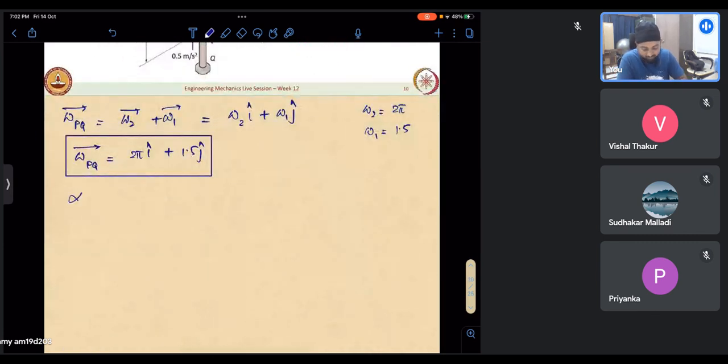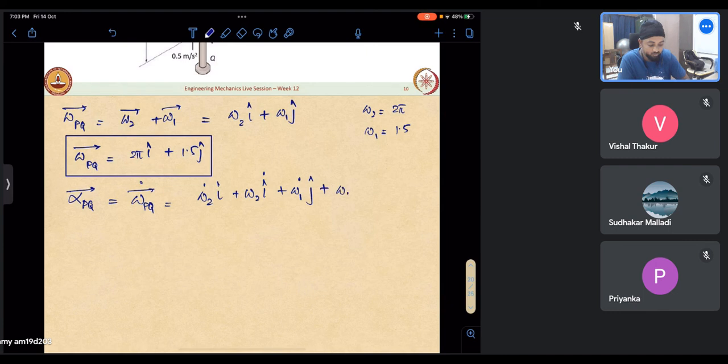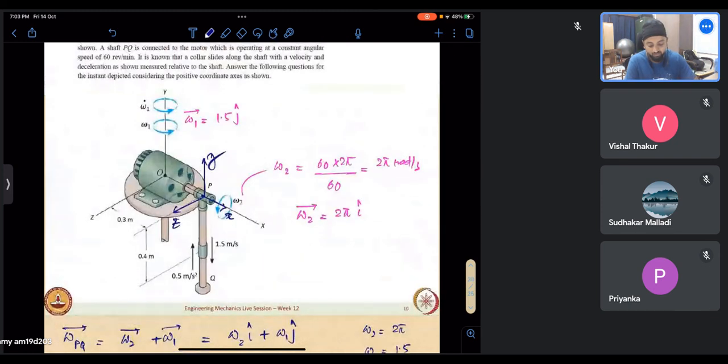Likewise, alpha PQ, we just have to systematically differentiate it, which will be nothing but omega 2 dot I plus omega 2 I dot plus omega 1 dot J plus omega 1 J dot. Till now, in the two problems we saw, there was no magnitudinal change. Here we have a change in magnitude also, so that is just the additional part we need to account for.